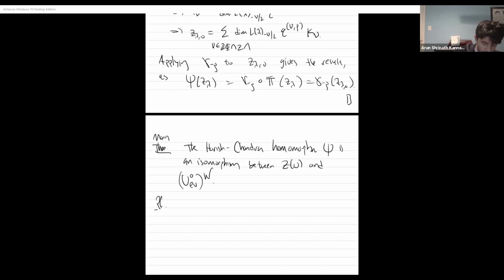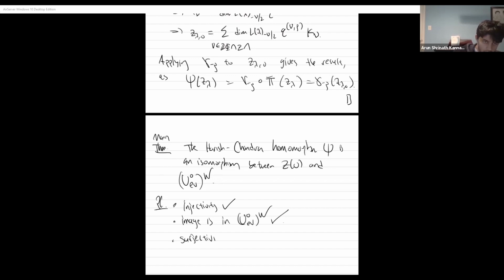So we did injectivity and we did the image, so we just need to check surjectivity.